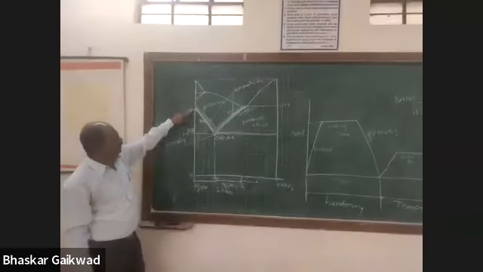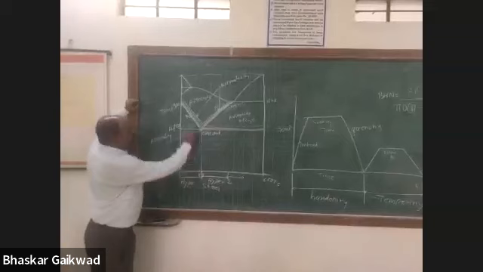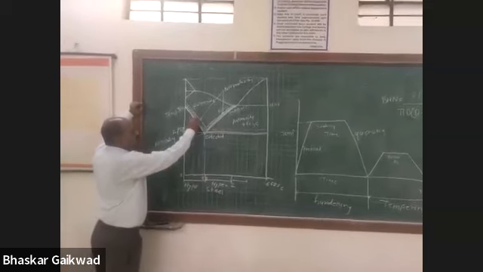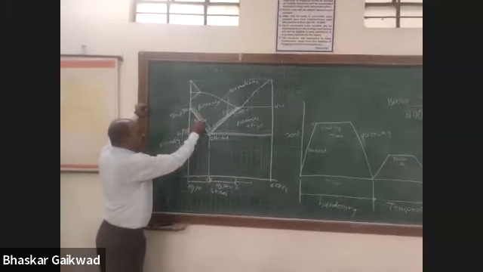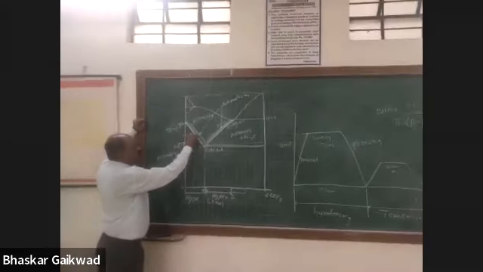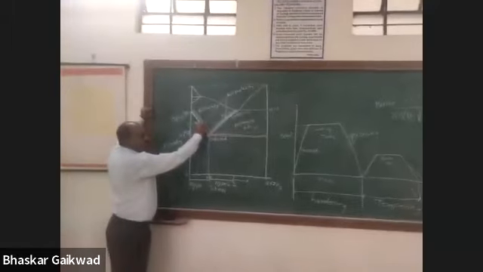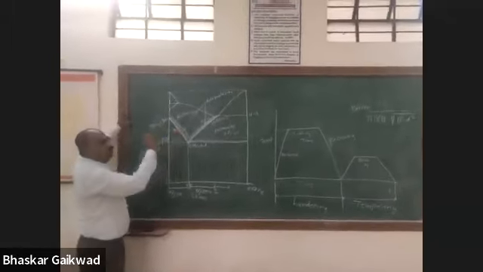Suppose here carbon is 0.4, so your point will be here, and the corresponding temperature will be there. Suppose it is 800, then for this carbon you have to heat that component 30 to 50 degrees centigrade above this.